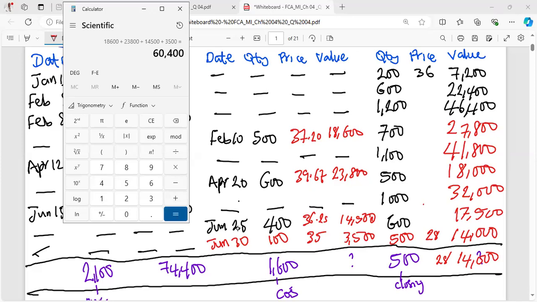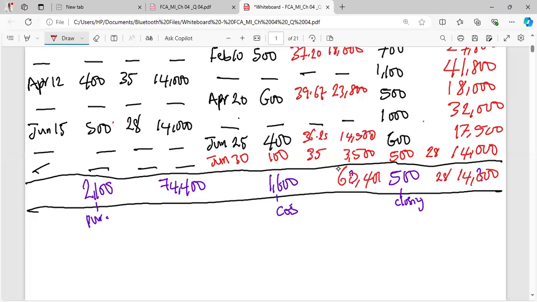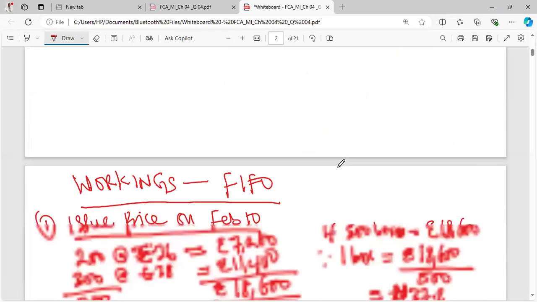That's 60,400. So that's what we have here, 60,400. Just write it here. 60,400. Now that's for FIFO.